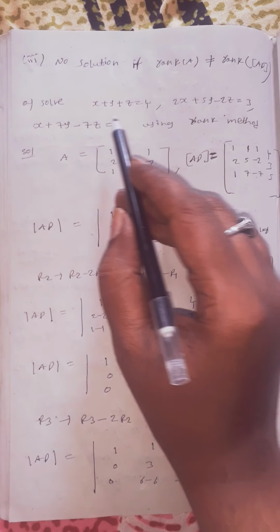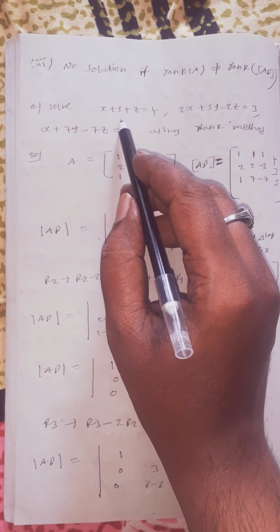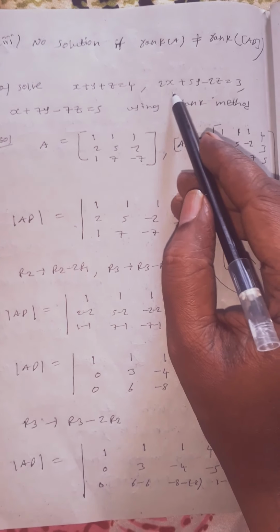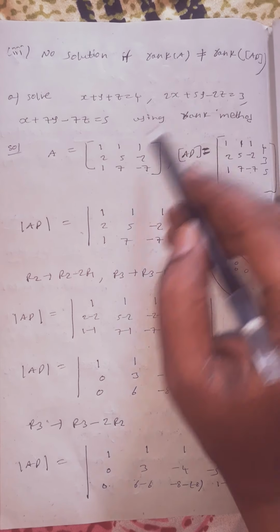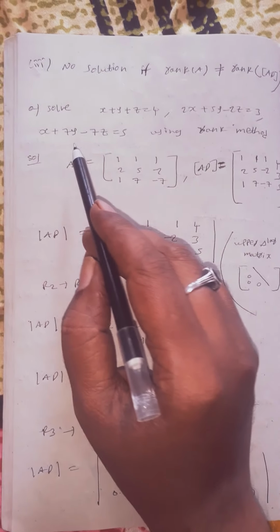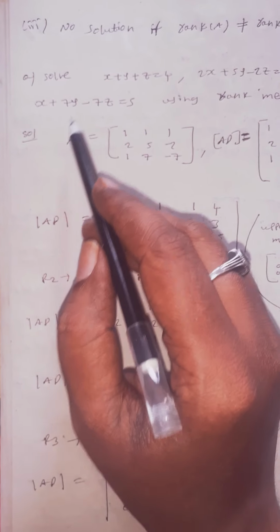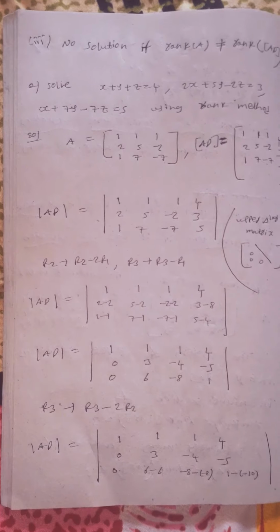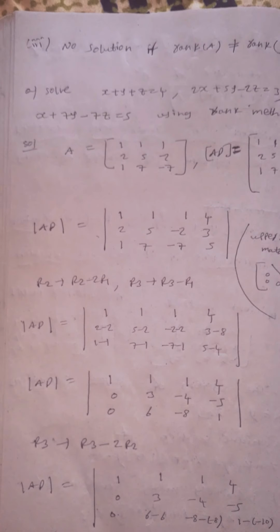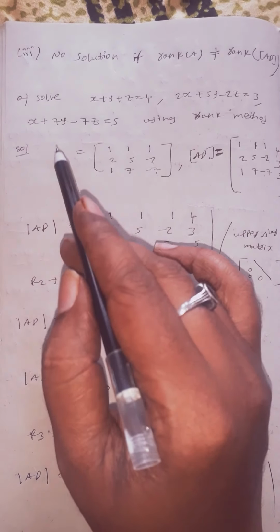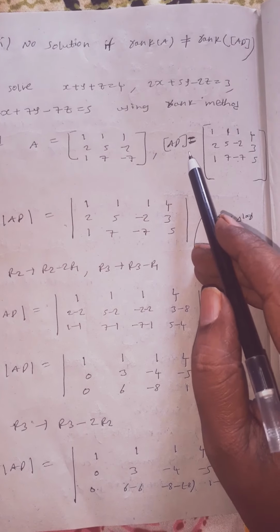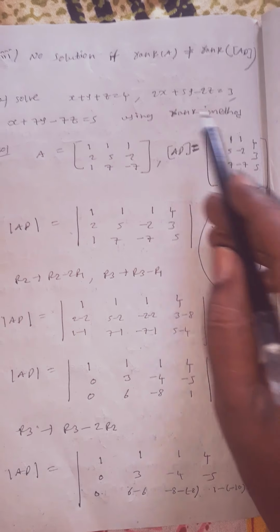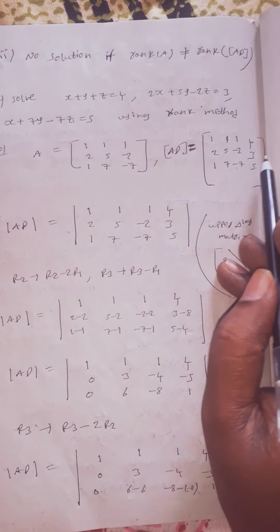So let A be the coefficient matrix. In the first equation, the coefficients are 1, 1, 1. In the second equation, x coefficient 2, y coefficient 5, z coefficient minus 2. In the third, x coefficient is 1, y coefficient is 7, z coefficient is minus 7. Next, the augmented matrix is the same up to here, and we write the constants also: 4, 3, 5.